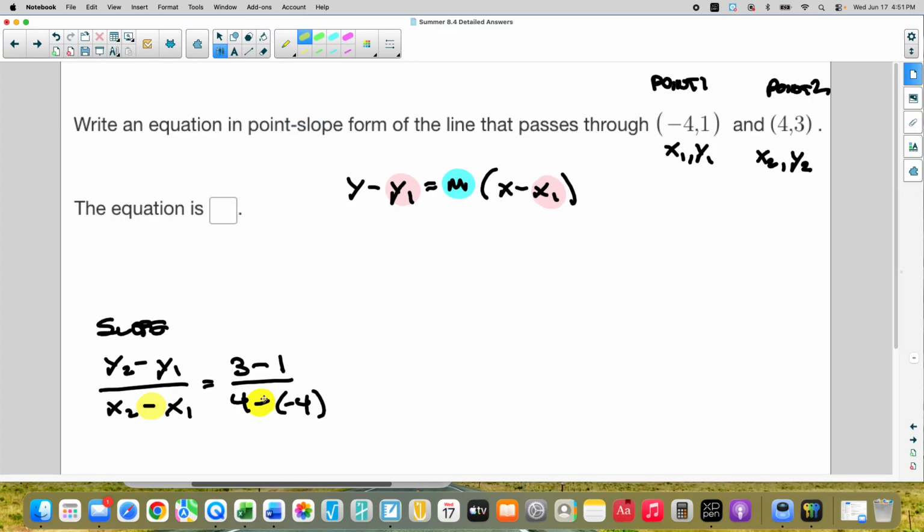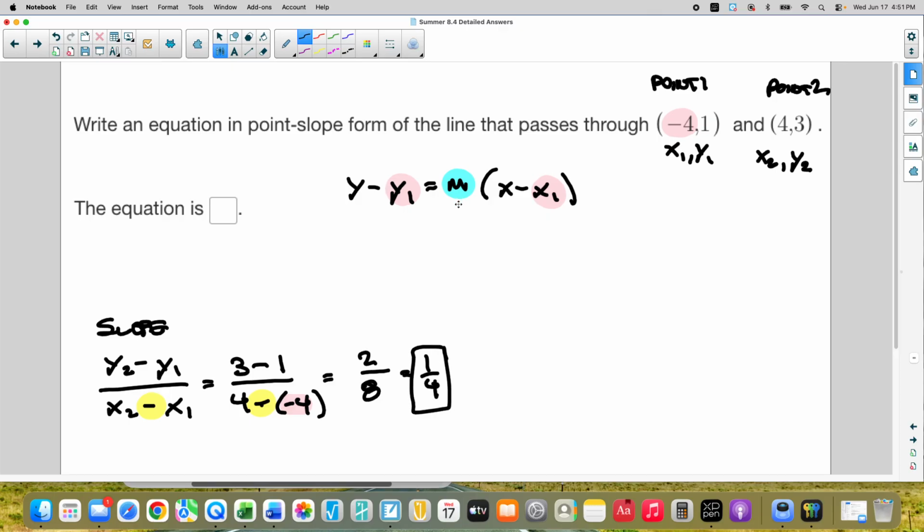This negative is this negative. And then this negative is that negative. So don't mix that up. That is where most students will make their mistake. 3 minus 1 is 2. 4 minus negative 4 is 8. So I have a slope of 1/4.